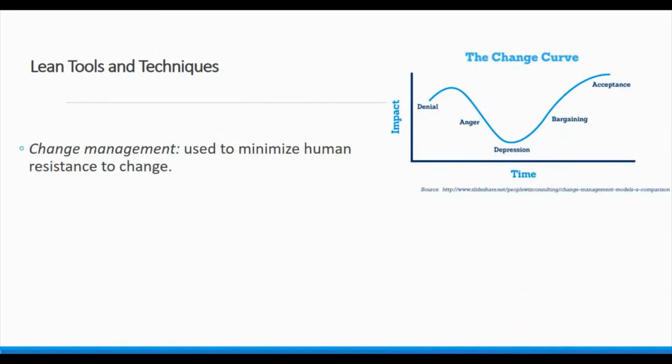Change management. This is used to minimize human resistance to change. It is extremely needed in organizations because part of lean is getting rid of any kind of waste, and by getting rid of waste, you're changing the process all the time.